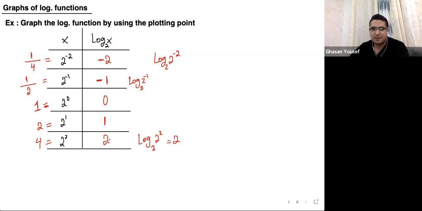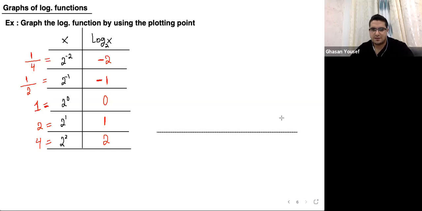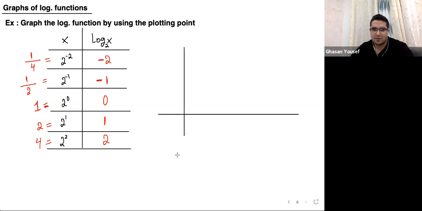Now I'm going to graph this function in the same slide. Here is the x-axis, and this is my y-axis. Starting with the point 1 and 0.